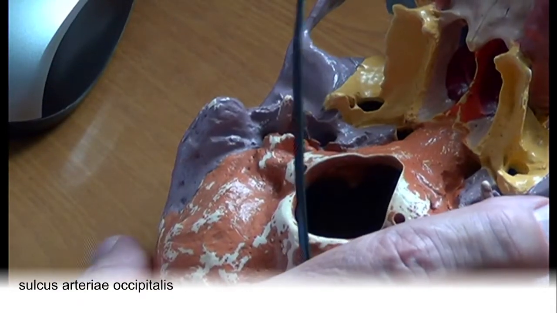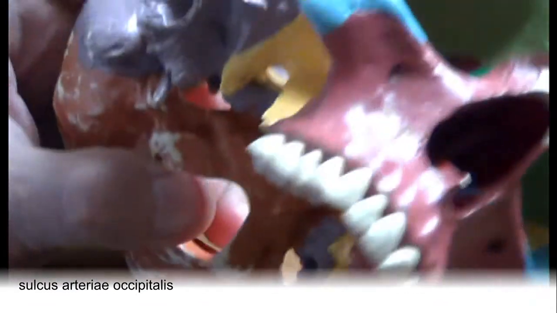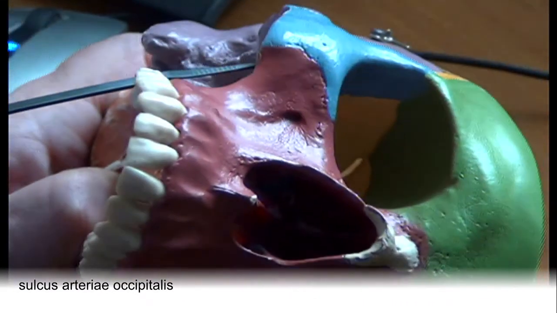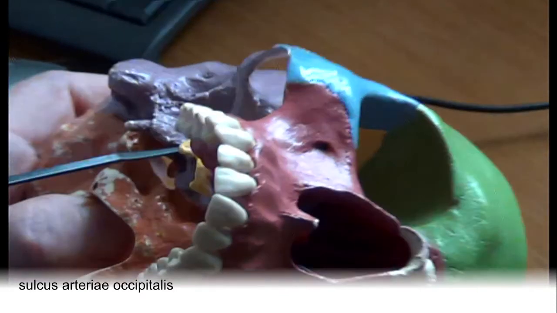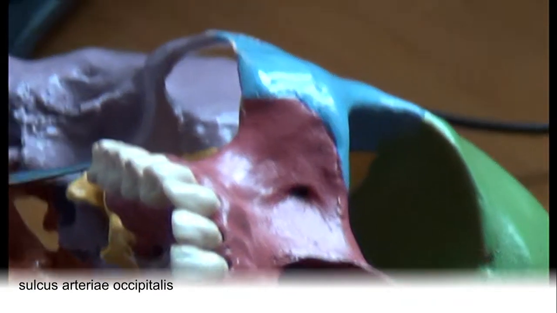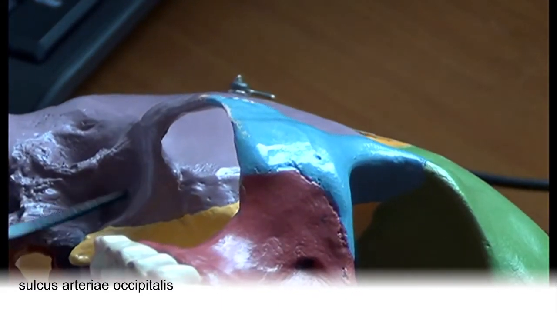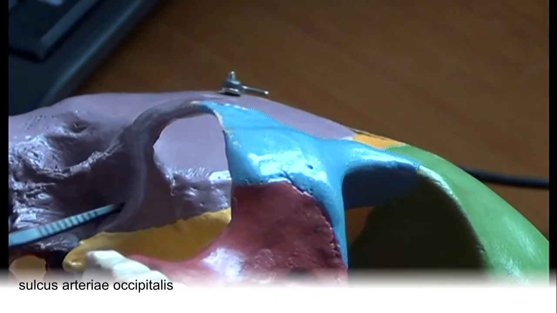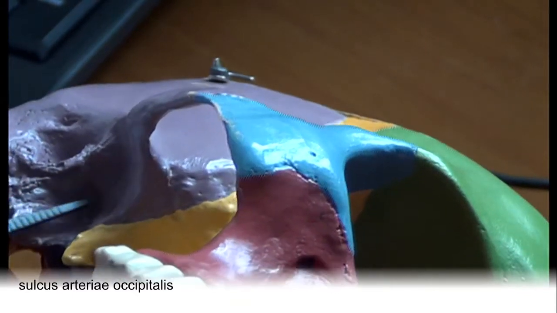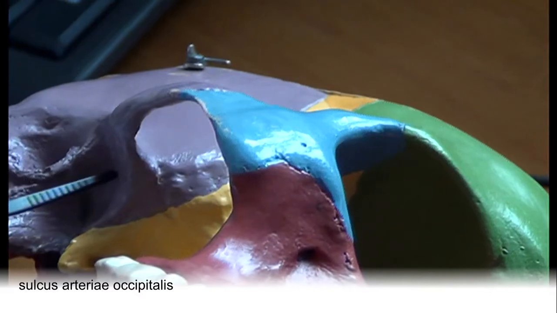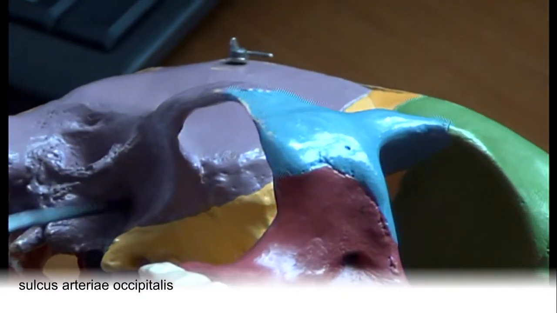So these structures we have found posteriorly. And now I'd like to demonstrate to you here the fossa mandibularis, a special place for forming a joint, the temporomandibular joint.